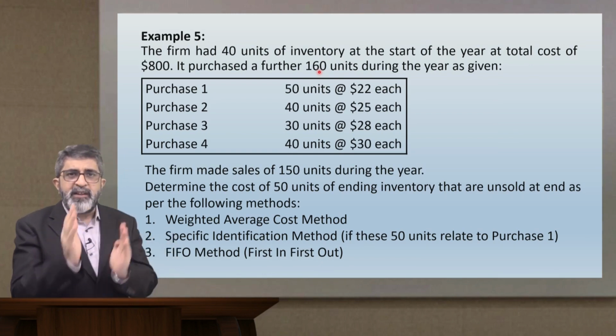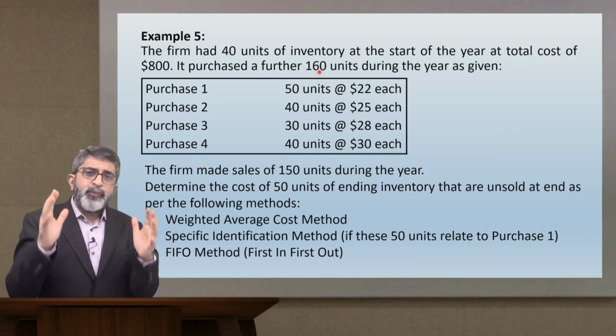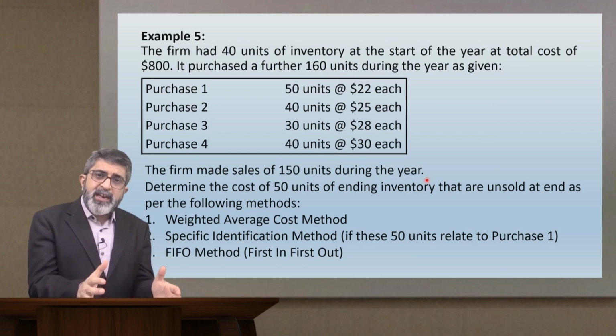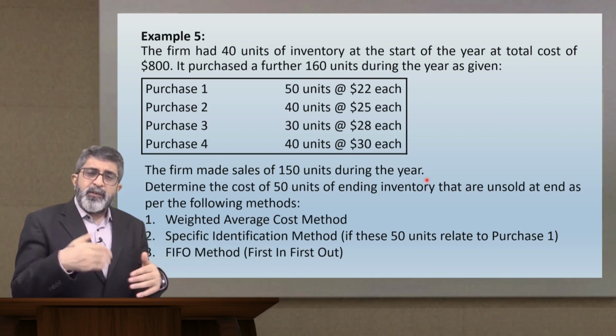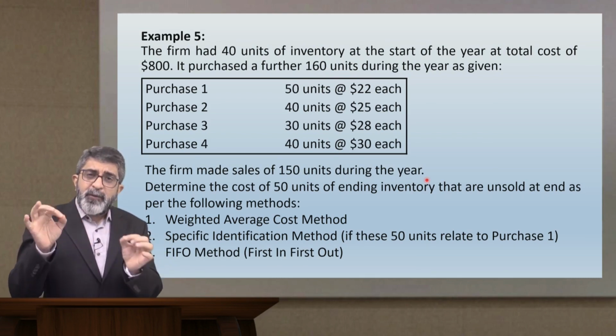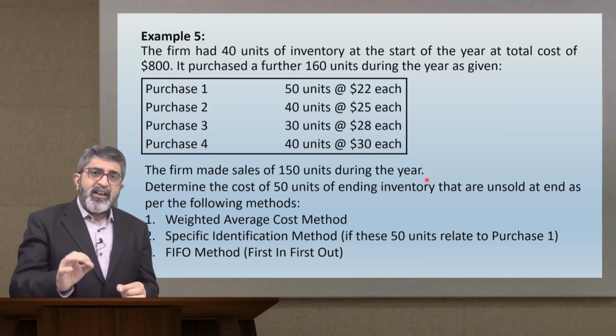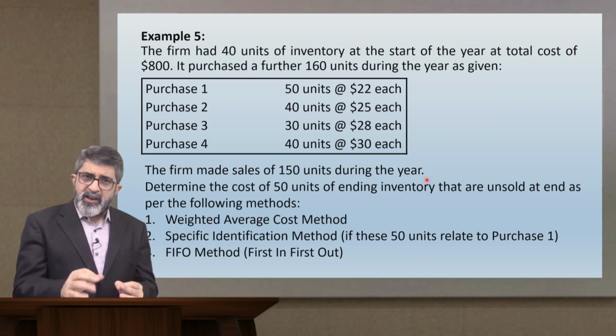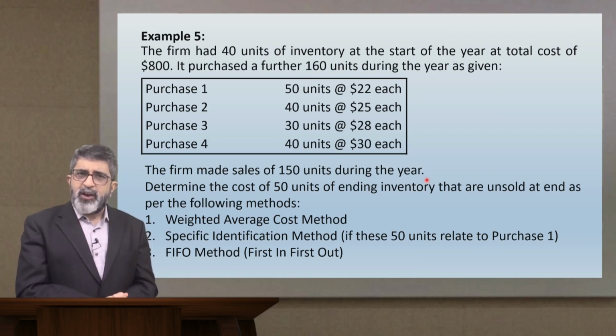So 40 units plus 160 units makes 200 units in total. The firm made a sale of 150 units during the year. So the total quantity available for sale was 200 units. The firm sold 150 units out of this, and 50 units will obviously be lying as closing inventory or ending inventory by the end of the period.